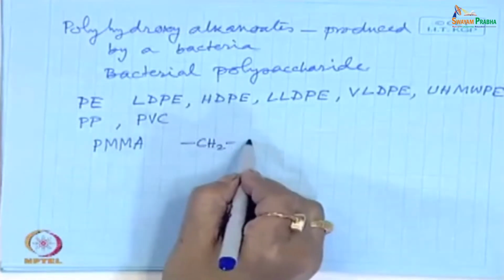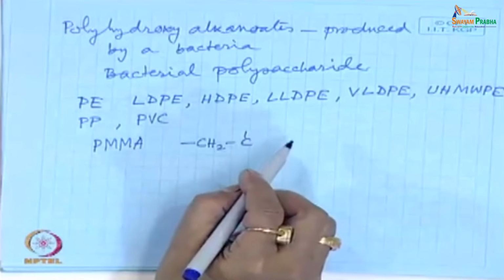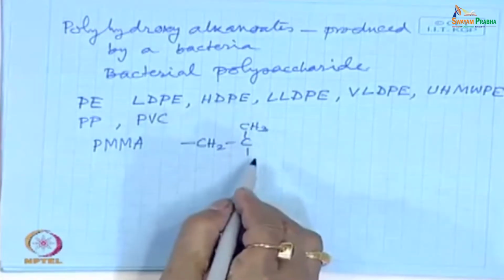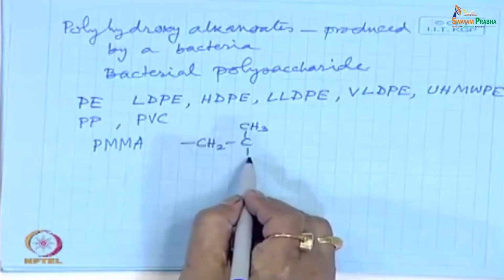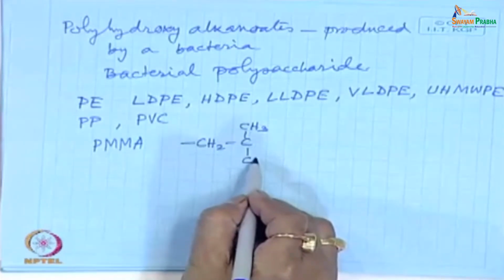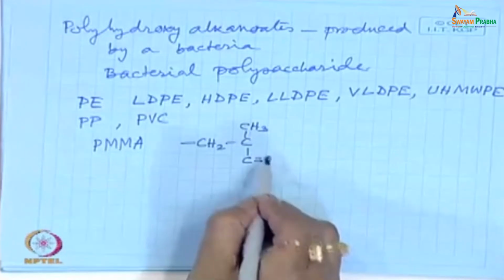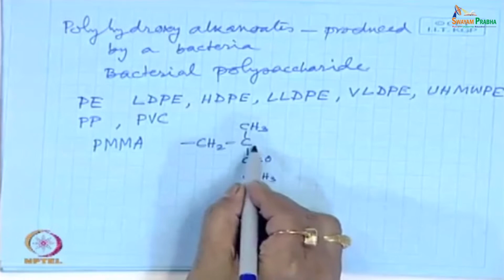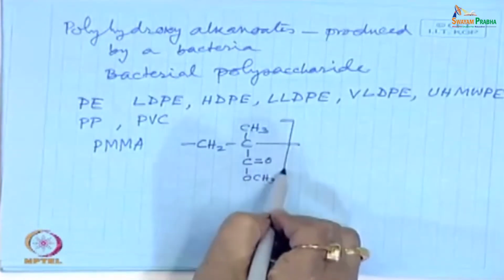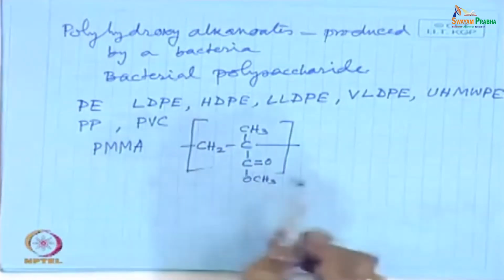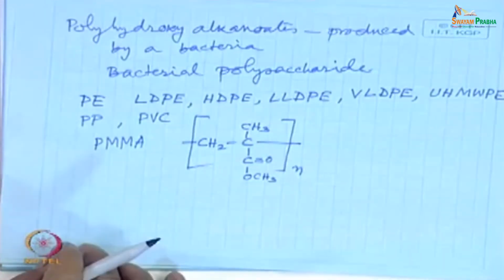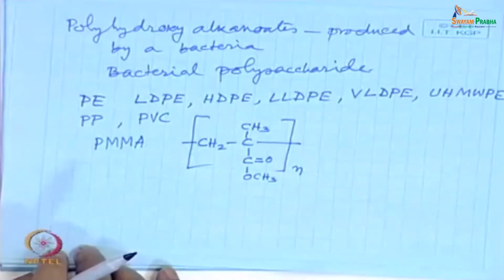CH2, C, substitute one hydrogen of this carbon by a methyl group, substitute another hydrogen of this carbon by an ester, N number of times, where this N is the degree of polymerization.